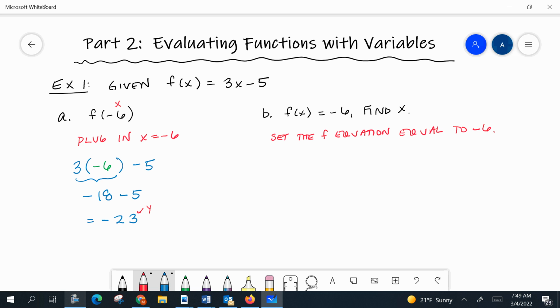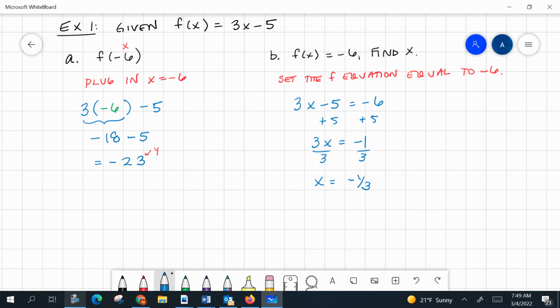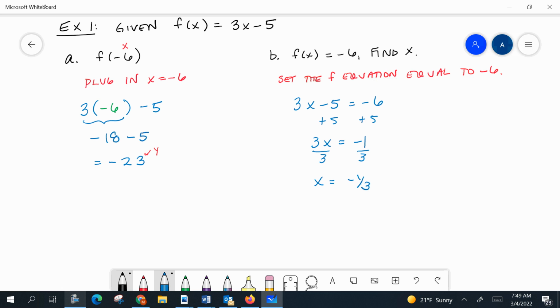Okay, it doesn't mean that I input negative 6, it means I set it equal to negative 6. So it's going to look like 3x minus 5 equals negative 6. And then when we use our algebra skills to solve for x, we therefore go backwards and find what the input was. Okay, so just remember at any time, this was nice about a video, you can pause it, rewind it, tailor it to the speed that you need. So let's get into variables.